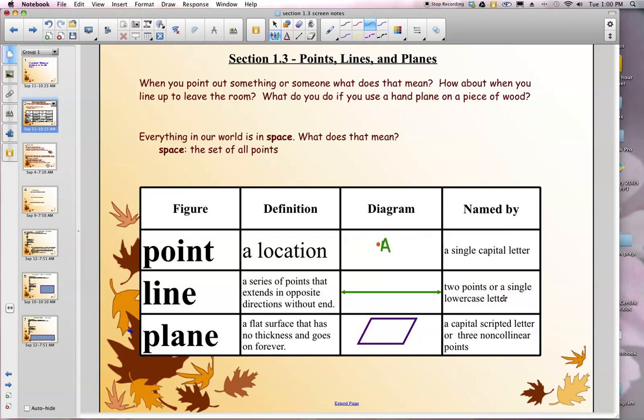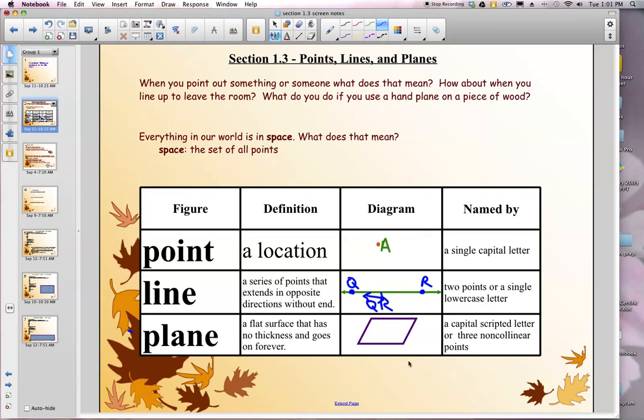Lines, there are two different ways that you can name a line. One is by points, if there are points labeled on that line. For example, if there's a point here that's Q and a point here that's R, we can name this line QR. To do that, you would write the two letters, Q and R, and then you would draw a line symbol over the top.